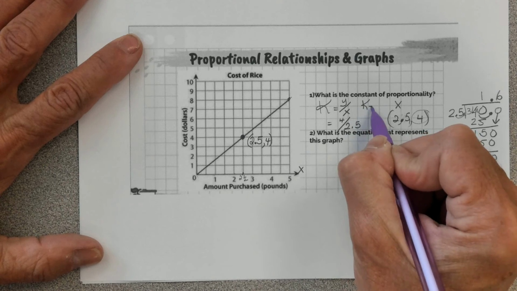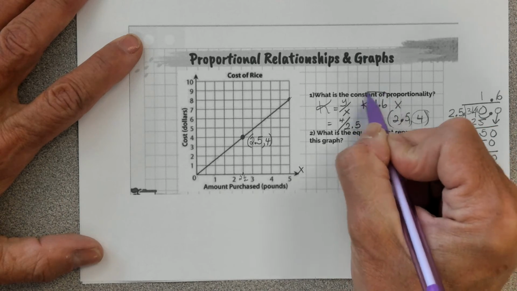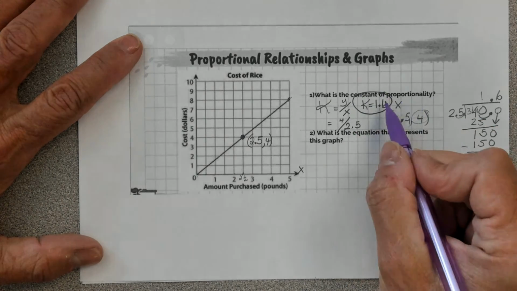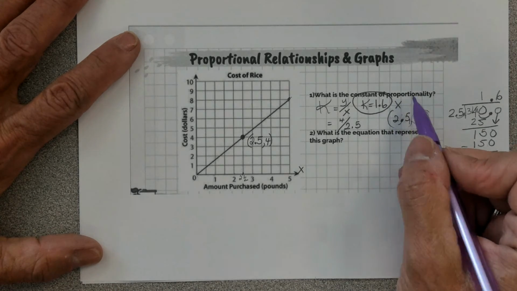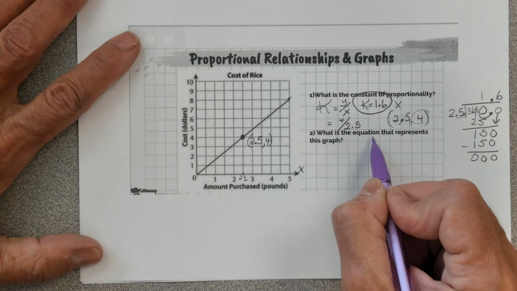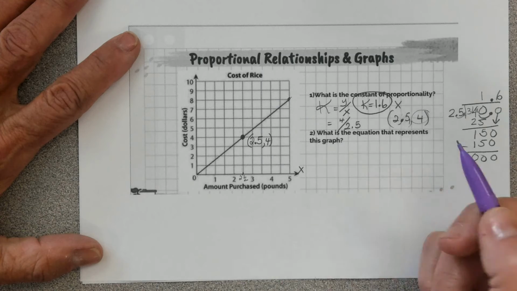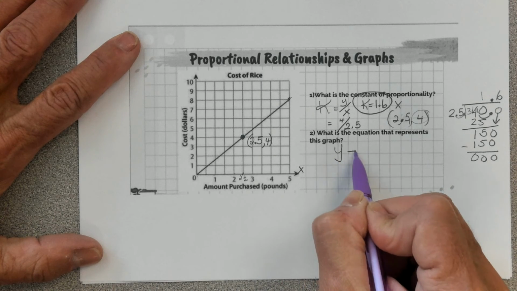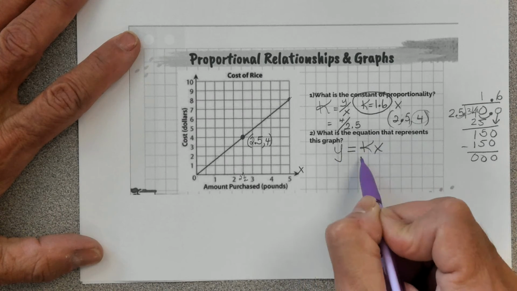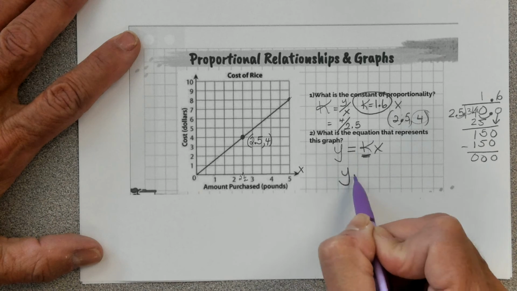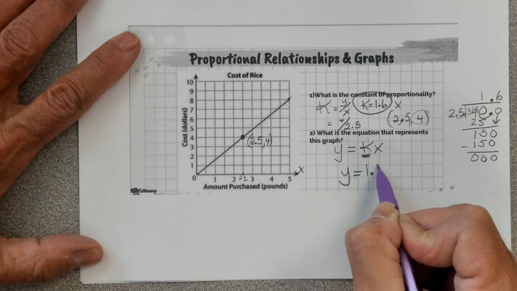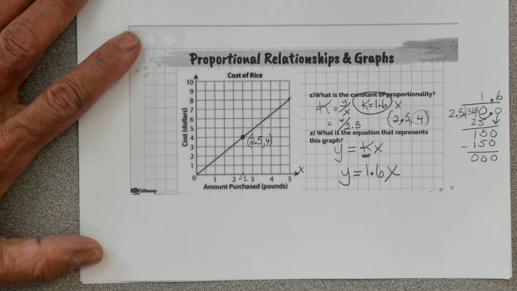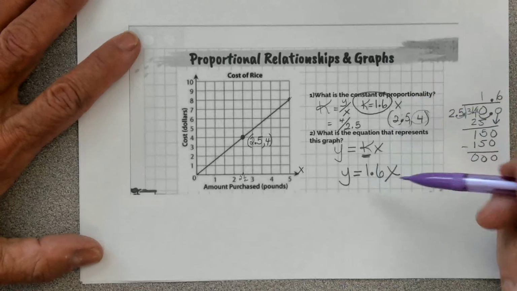Therefore, my k equals 1.6. My constant is 1.6. What is the equation that represents this graph? Well, the equation is easy. It's y equals kx. But now that we know my k, we'll replace it with 1.6x. And there, I just answered both of these questions.